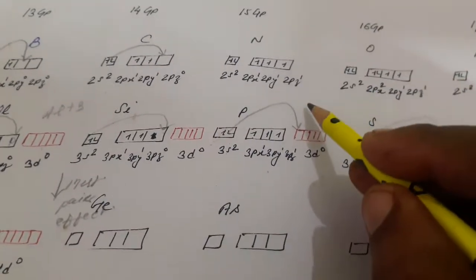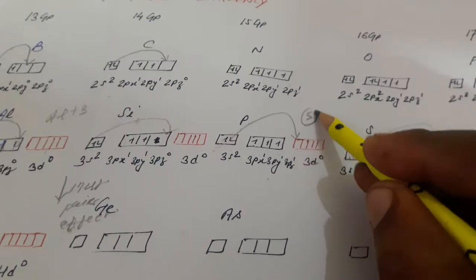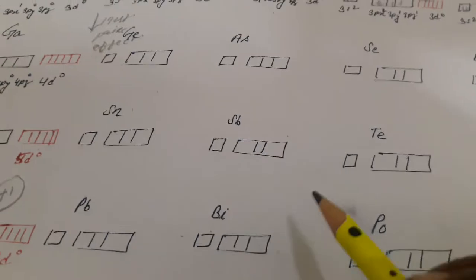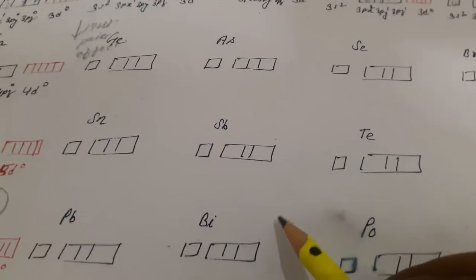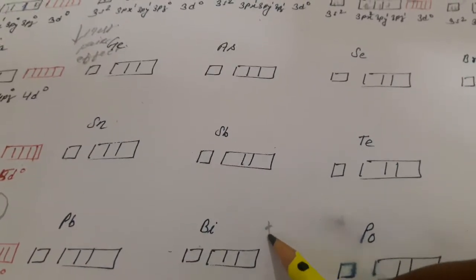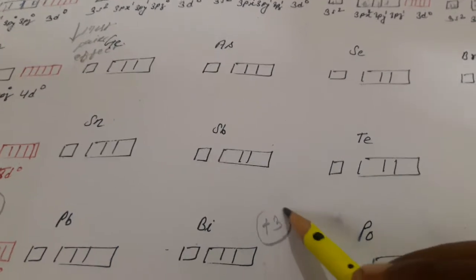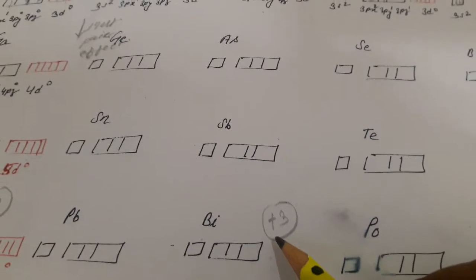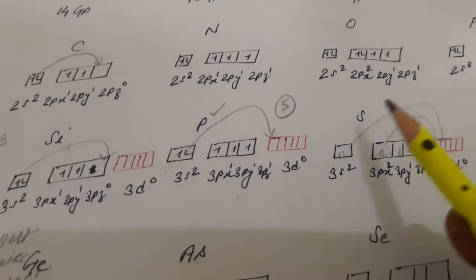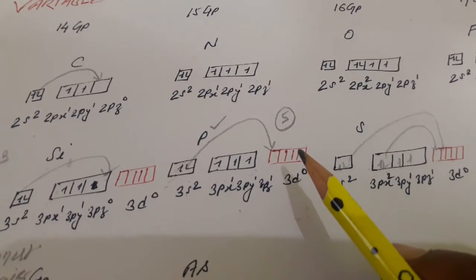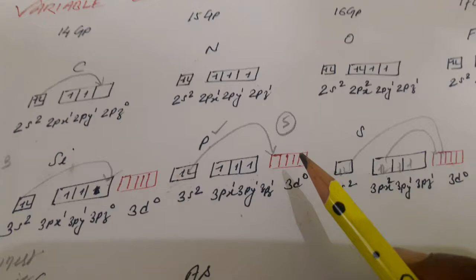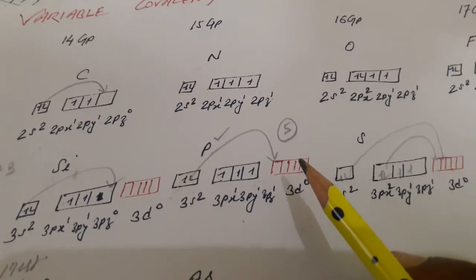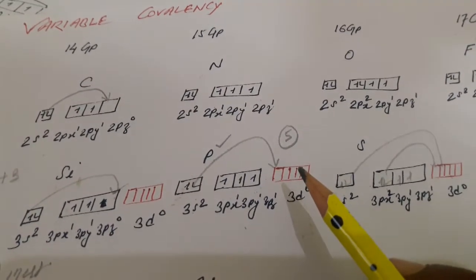Its higher covalency is 5 in the case of phosphorus, but down the group bismuth shows its covalency by only the 3 unpaired electrons, so its higher covalency is plus 3. So bismuth with plus 3 or minus 3 gives the most stable compounds as compared to plus 5, while phosphorus with covalency 5 is more stable as compared to the lower oxidation state or covalency, that is 3.